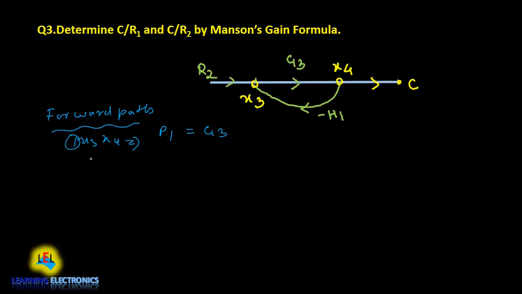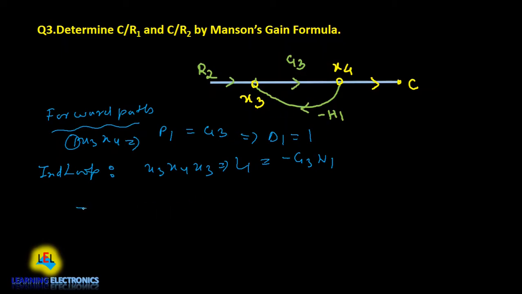Only one individual loop is there, that is x3 x4 x3, and L1 is equal to minus G3 H1. Let us find the path factor for P1, del 1. Del 1 will be equal to 1 because this loop is touching the P1 path.